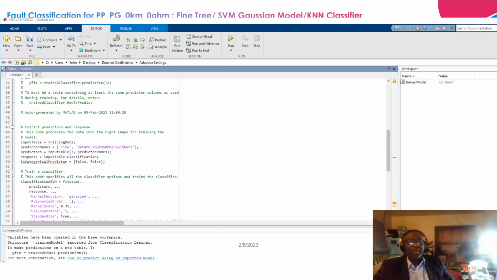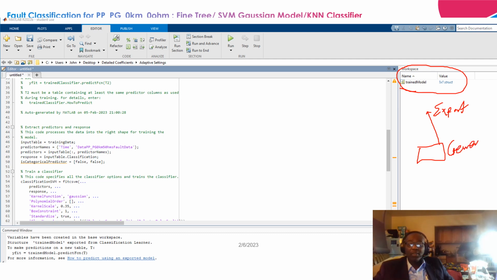So what you do is, in your classification learner app, you export this trained model into your MATLAB window. Once you export it, it will come here. Then there's a section where you can generate your code.